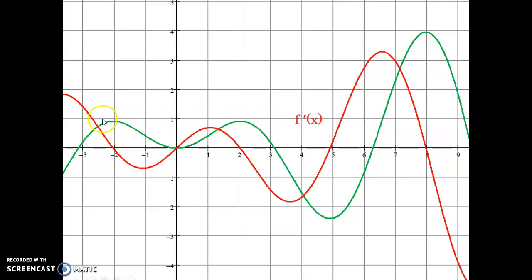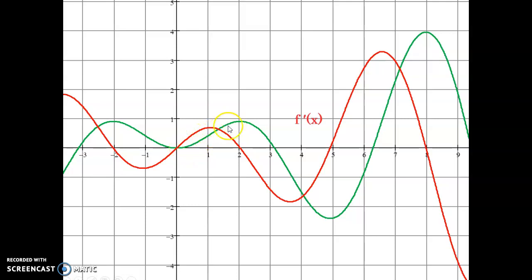Where there was a horizontal tangent line, there's a 0 on the derivative curve. Where the original curve is decreasing, the derivative curve is below the x-axis, negative values. Where I have a horizontal tangent line, I have a 0. Notice at the point of inflection, I have the most negative value there on my derivative.